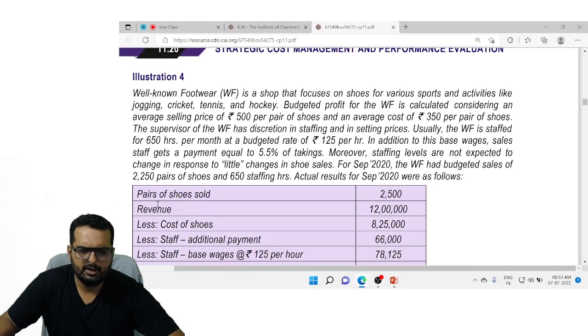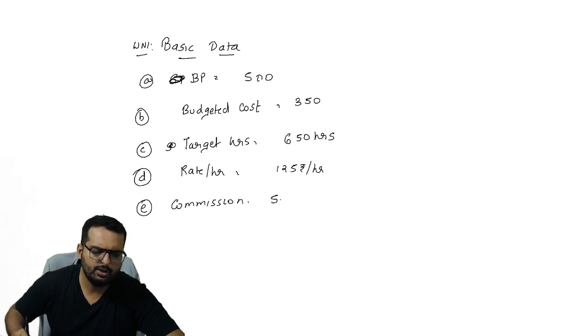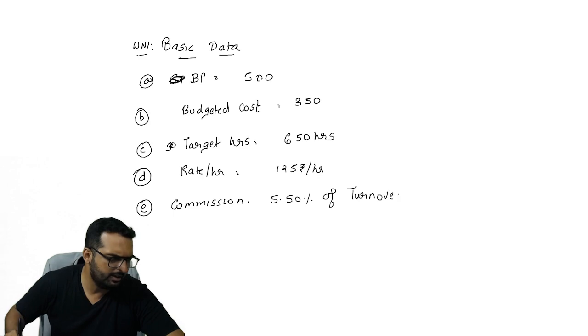In addition to the base wage, sales staff get a payment equal to 5.5% of takings. So the commission they get is equal to 5.5% of takings. Takings means nothing but turnover.